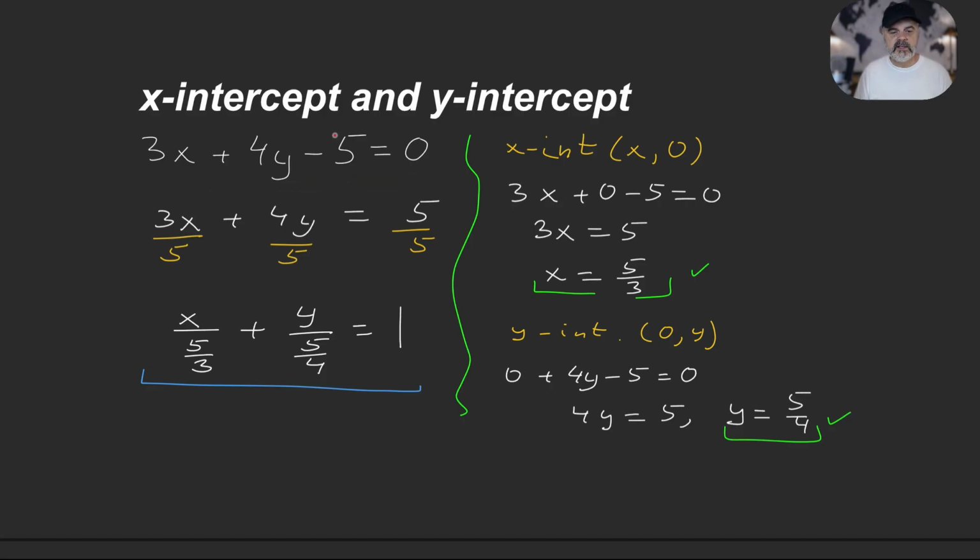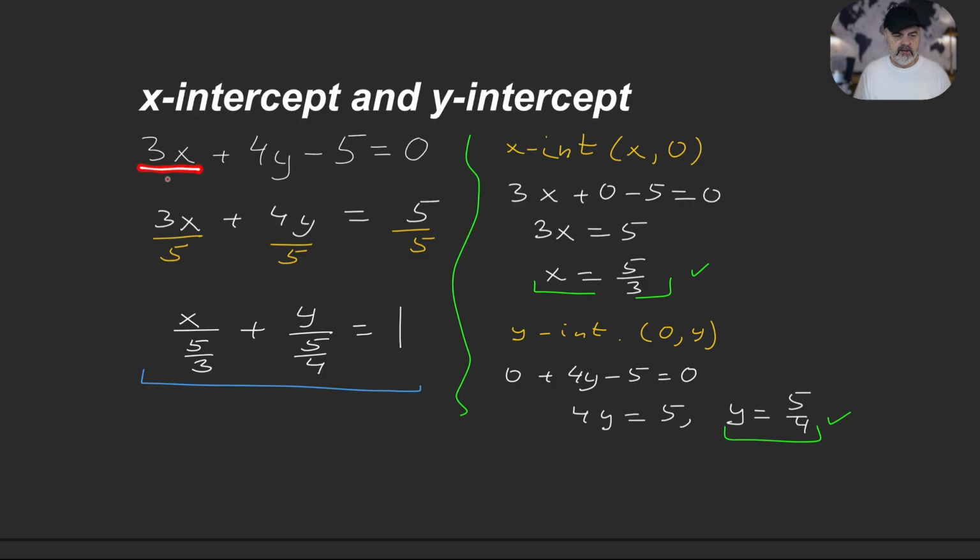The idea is to move the constant over to the other side and divide both sides of the equation by that constant so that you can create 1. Once you have 1, then you see the isolated coefficients of y and x point directly to the x and y-intercept.